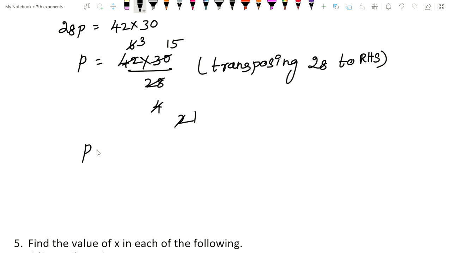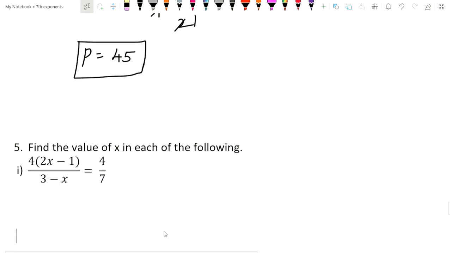Now P equal to 3 into 15, you will get 45. So what is the value of P? 45. Is it clear, children? See the next one.